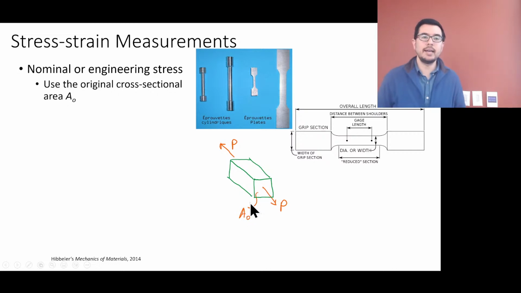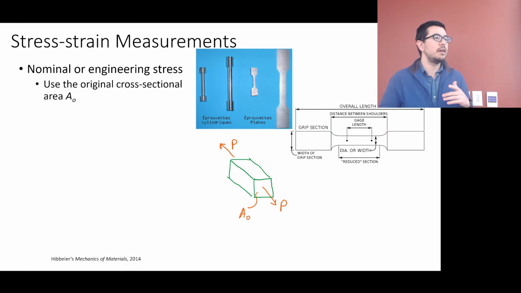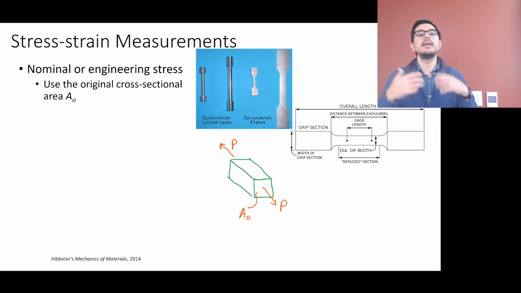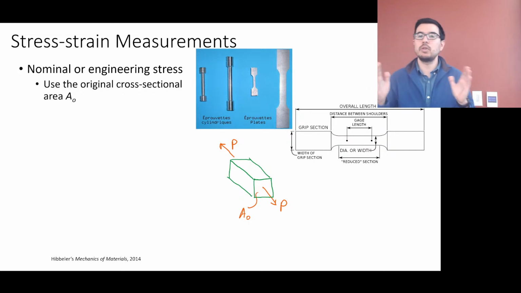We'll call that A naught. So you have some force and it's scaling up, but we're going to assume that the cross-sectional area is more or less staying constant. As we'll discuss on Friday, not true, but again, it's typically pretty small for the types of displacements and strains we're discussing, so it's not bad.